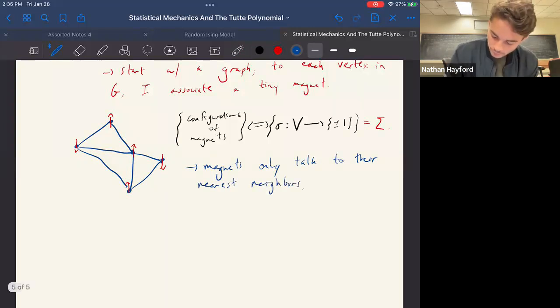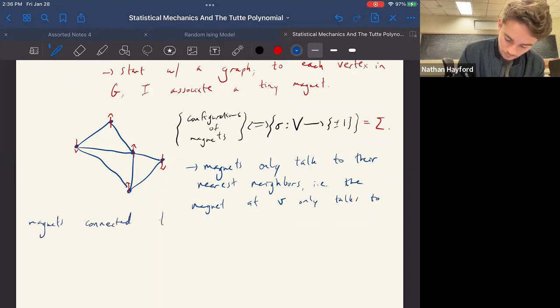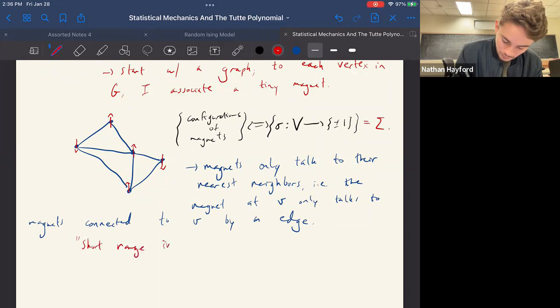Nearest neighbors, i.e. the magnet at V only talks to magnets connected to V by an edge. So we have this notion of short range interactions.